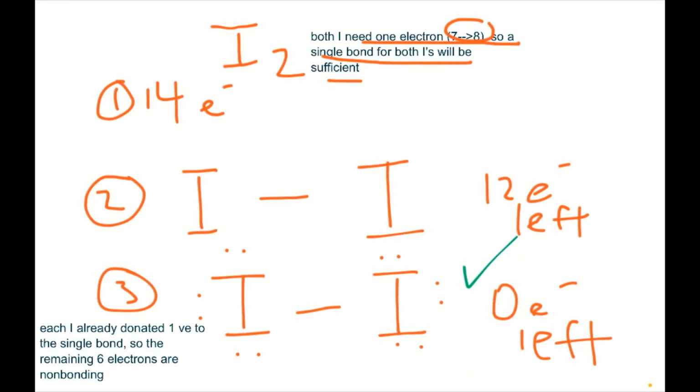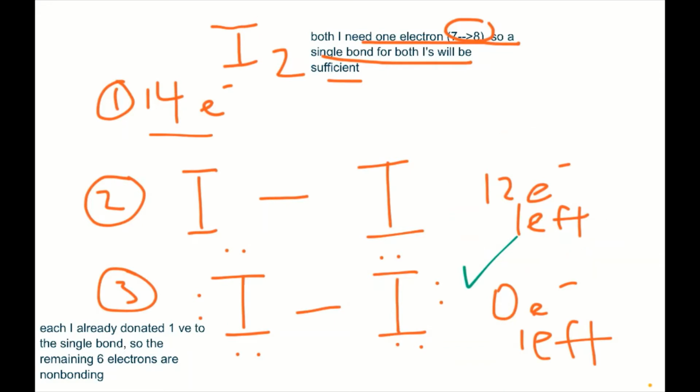So the first step is to count the number of electrons. Since each iodine has 7 valence electrons, the total number of valence electrons is 14. Step 2, draw a single bond between each atom. Now I did that, and you have to subtract 2 because 1 bond has 2 electrons, so you have 12 electrons left to use.